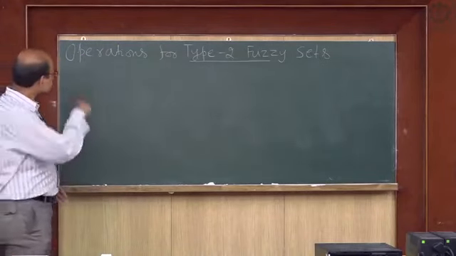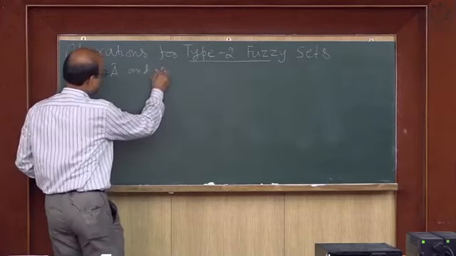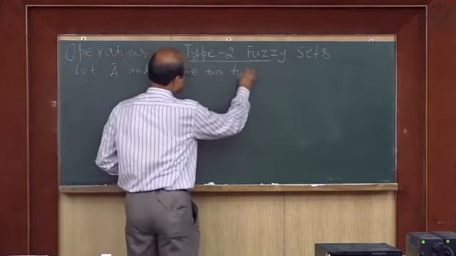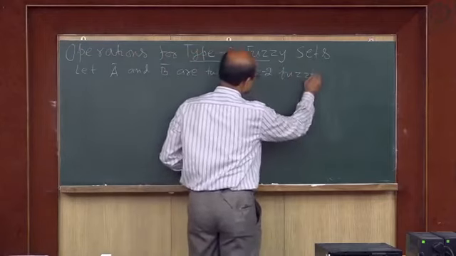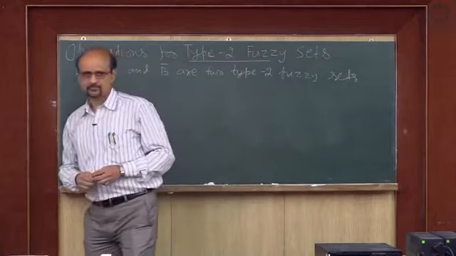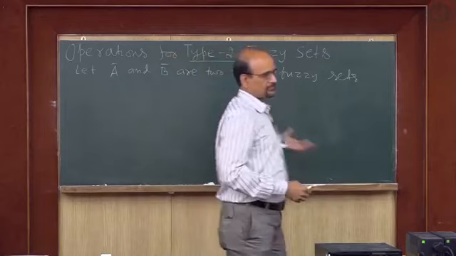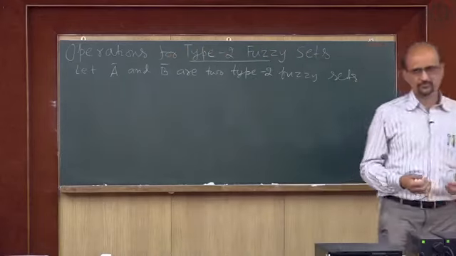So, let A bar and B bar be two type 2 fuzzy sets.